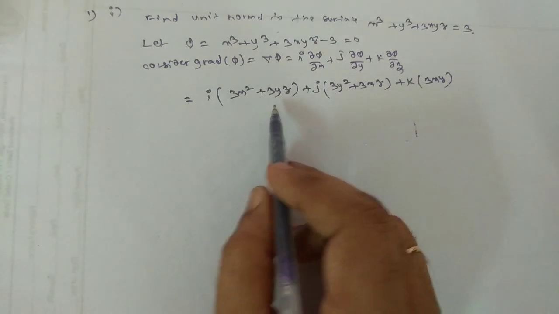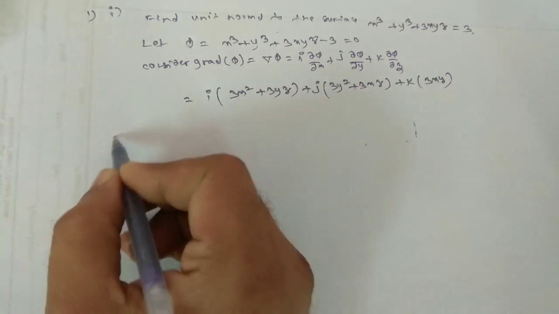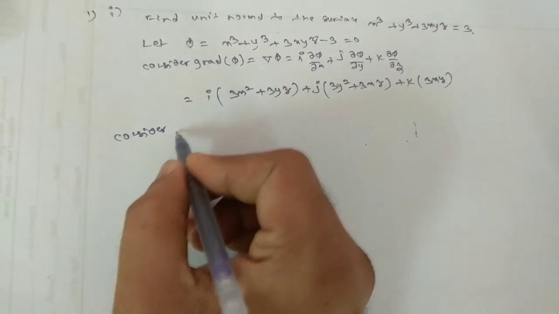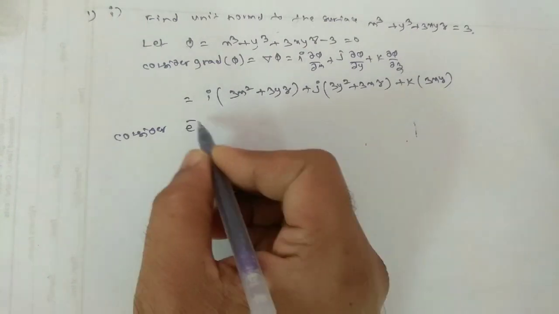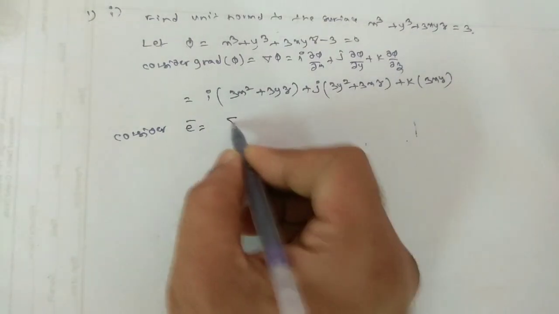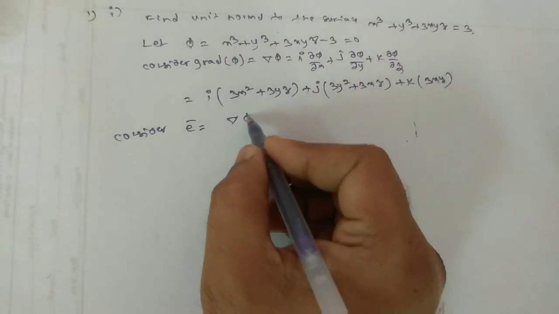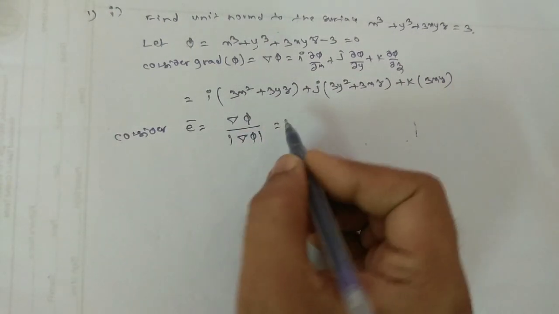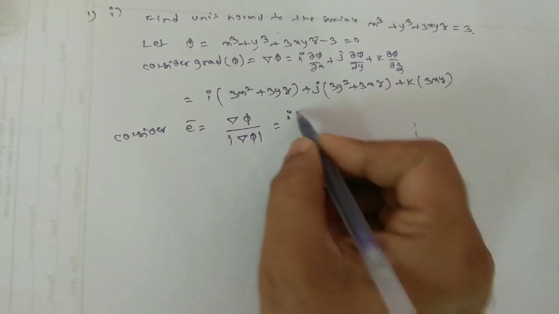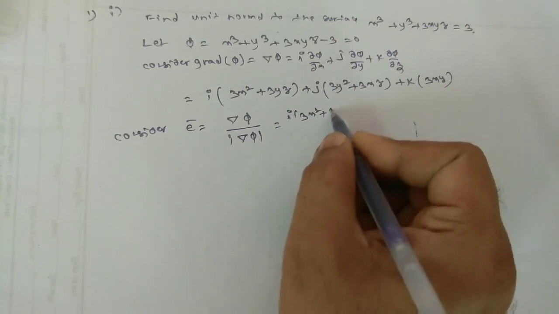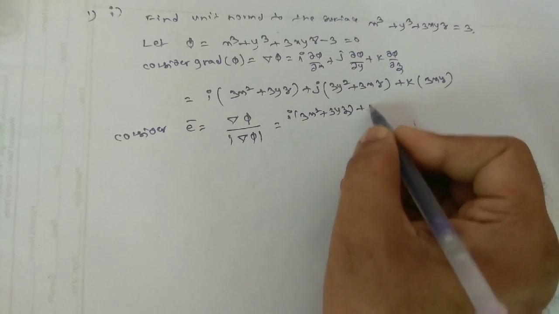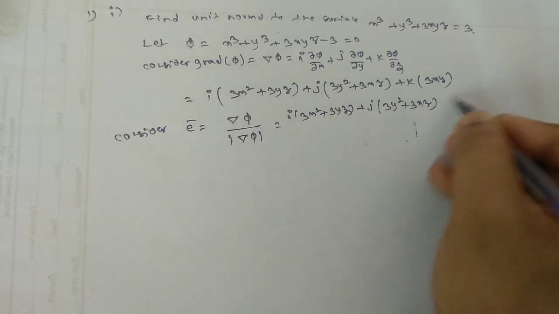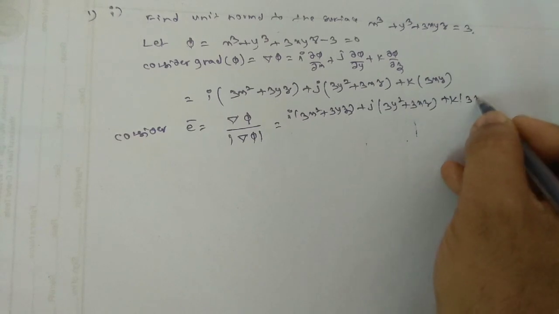Corresponding to this vector point function, you are now calculating the unit vector, generally denoted by E bar. As per the formula, E bar is nothing but del phi divided by the modulus of del phi. So del phi is i times (3x square plus 3yz) plus j times (3y square plus 3xz) plus k times 3xy.